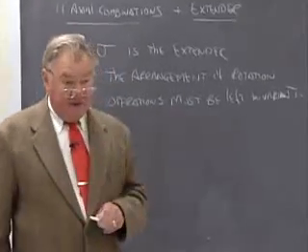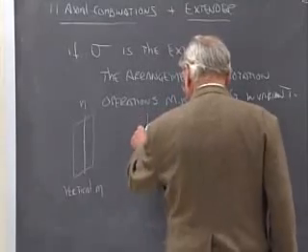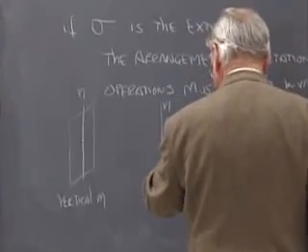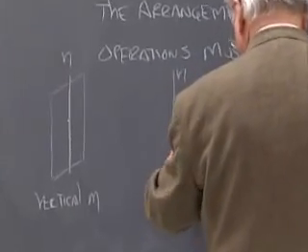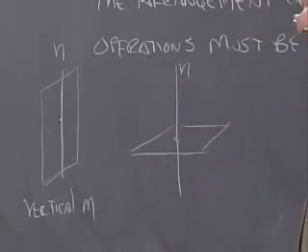The other way we could add a mirror plane to an n-fold rotation axis is to put the mirror plane in an orientation that's perpendicular to the rotation axis. That didn't exist in two dimensions because that plane that's perpendicular to the axis is the plane of our paper.